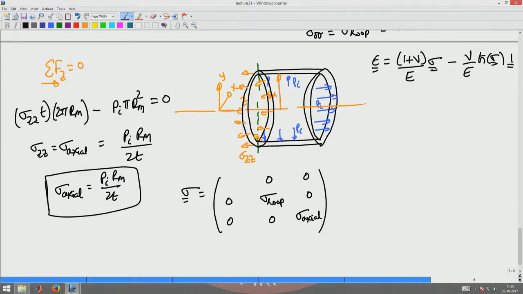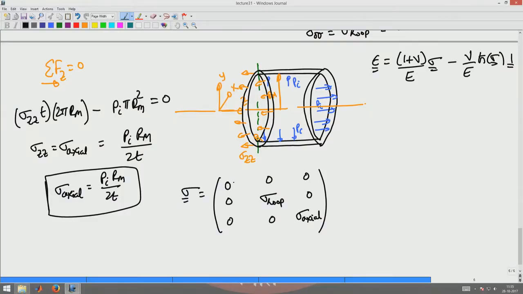Radial stress will vary from P_i at the inner surface to 0 at the outer surface. It being thin walled, you assume that there is no radial stress induced in the vessel. That is an assumption we are making, otherwise you have to distinguish between the inner surface and the outer surface and do appropriate computation. So, we will assume that the radial stress is 0 for thin walled vessels.